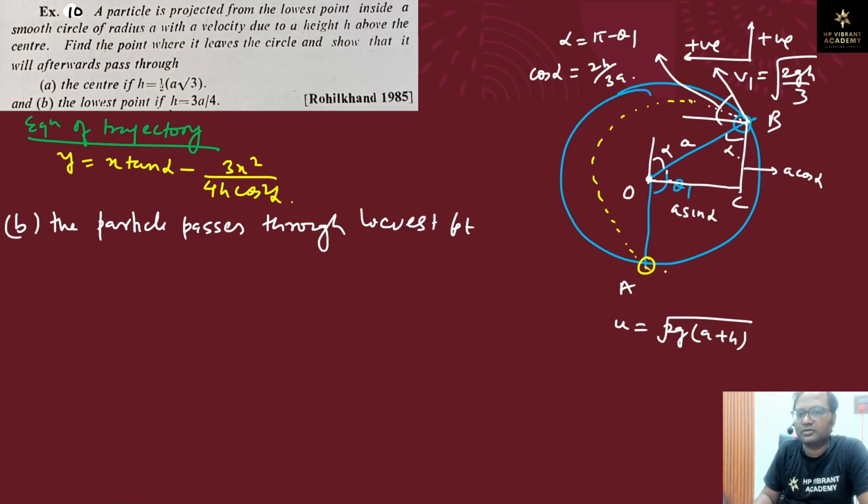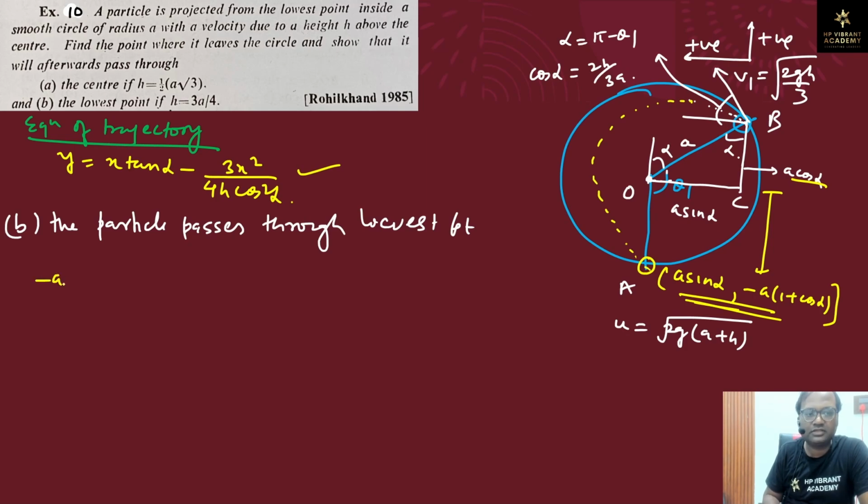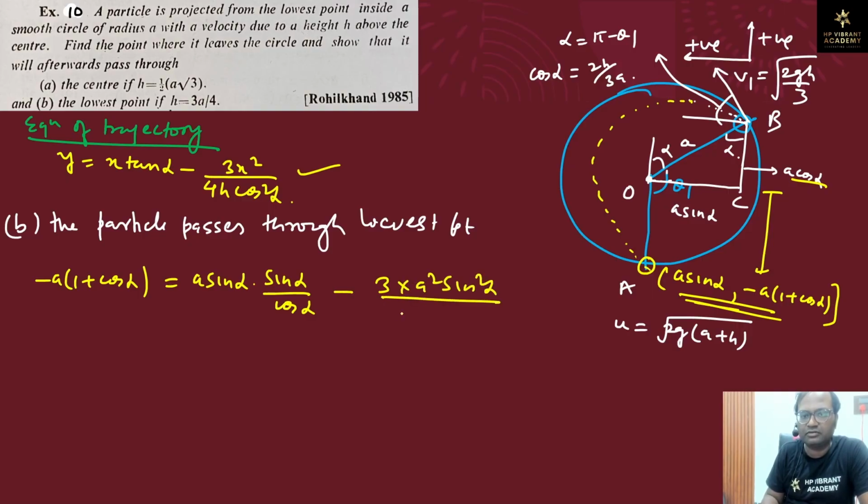Okay, so the lowest point will be, the coordinate is a sin alpha, and this is a cos alpha, and this is a. So this will be minus of a 1 plus cos alpha. Let us put these coordinates in the equation of trajectory. So we have minus a 1 plus cos alpha is equal to a sin alpha into sin alpha upon cos alpha minus 3 into a square sin square alpha upon 4h cos square alpha.